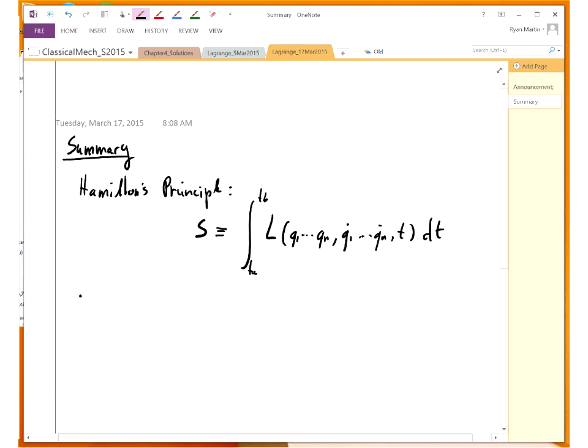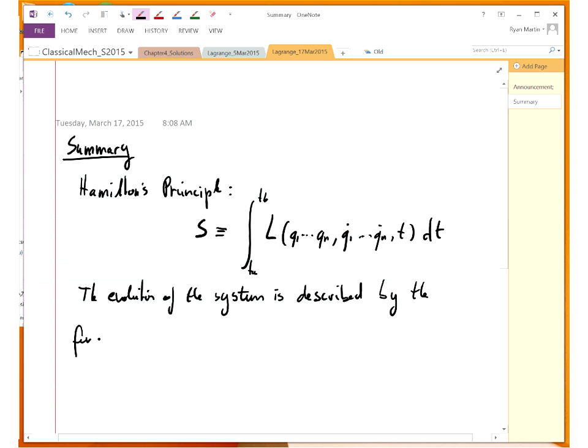So Hamilton's principle says that the evolution of the system is described by the function L that makes the action stationary.